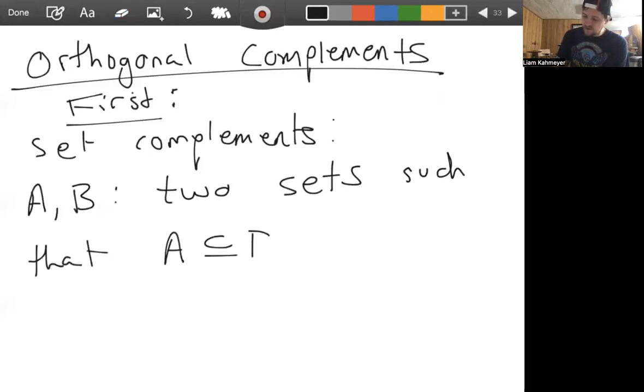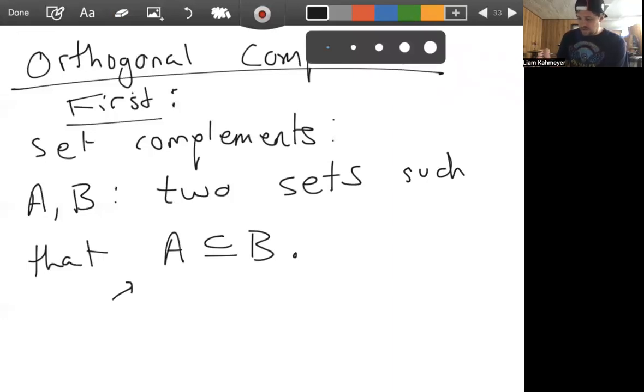such that A is a subset of B, right? Well, what does A being a subset of B mean? Let's write this mathematically. This is good set theory or logic here.